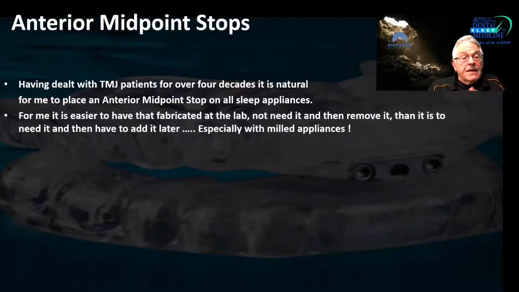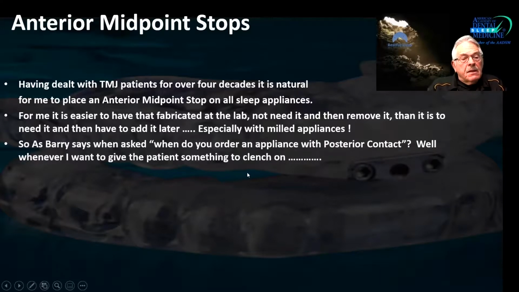For me, it is easier to have that fabricated at the lab, not need it, and then remove it if I need to, which I've never had to do, than it is to need it and then have to add it later, especially with milled appliances, because you got this nice fabricated appliance. Now you mix up some acrylic in the lab, you kind of glob that onto the front, and it looks like they don't belong together. I'd rather have that fabricated in the lab and grind it off, again, which I don't have to do, than I would add the anterior midpoint stop later.